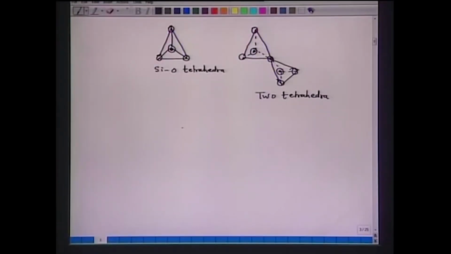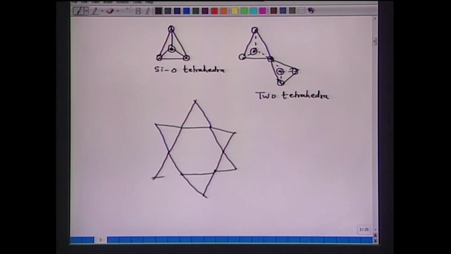I will try to draw it for you. This is a hexagonal network it forms. These are all the tetrahedra, joined at the vertex, and I am just showing the position of the ions.